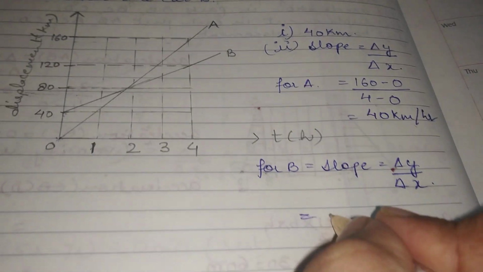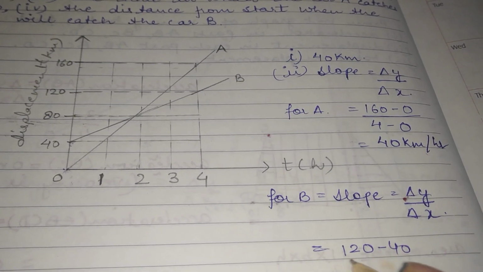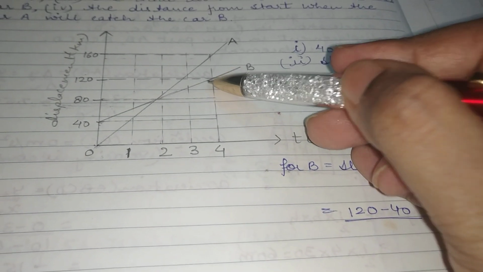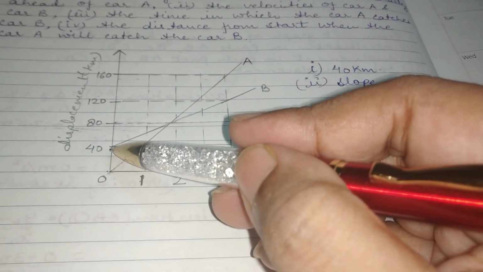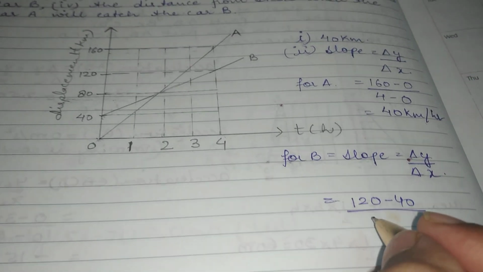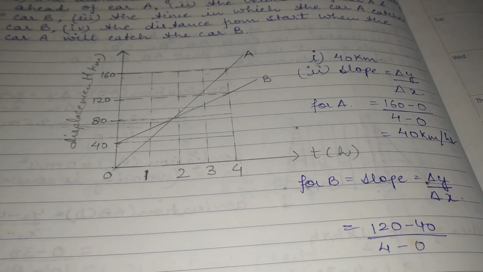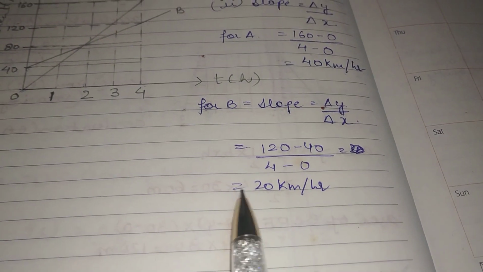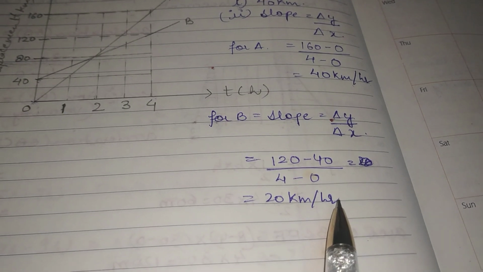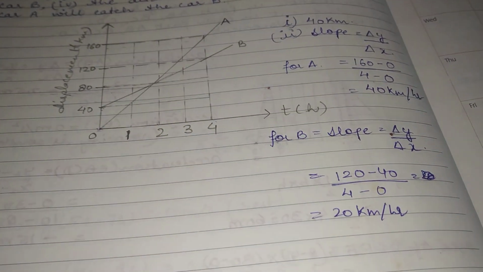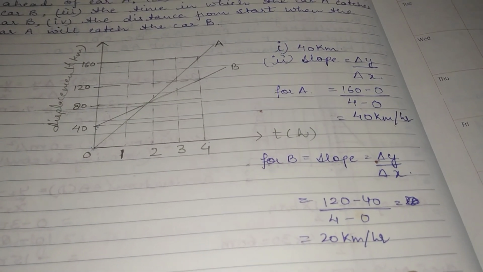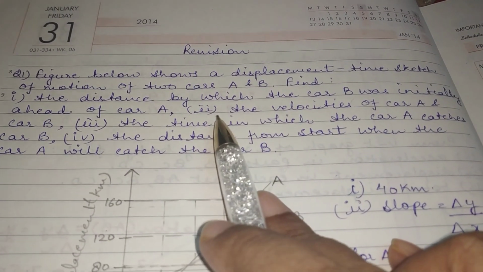So along y axis, you will write 120 minus 40 divided by, now the final position of car B is 120 and it is taking 4 hours. Initial position is 40 and it is 0. So in the denominator you will write 4 minus 0. After solving this, what do you get? You will get 20 km per hour. So that means the velocity of car B is 20 km per hour while velocity of car A is 40 km per hour. So that's the answer of the part 2 question.